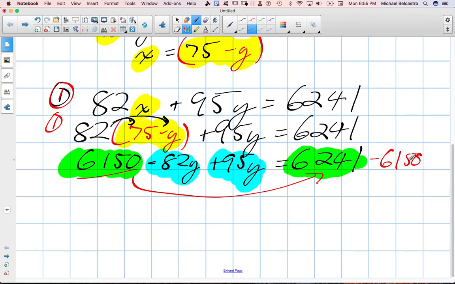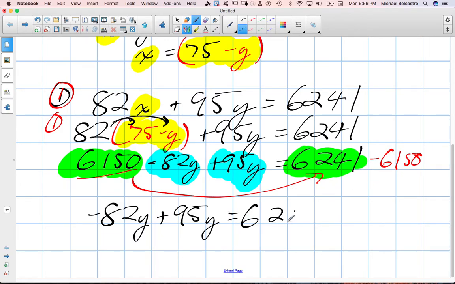When we do that, we'll have negative 82y plus 95y on the left side of the equal sign, and on the right side, we have 6,241 subtract 6,150.